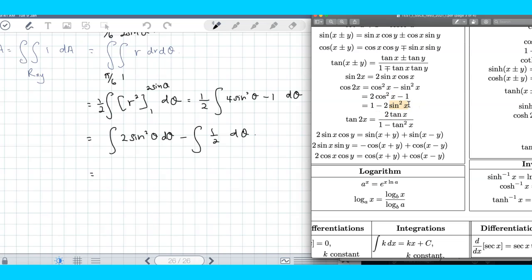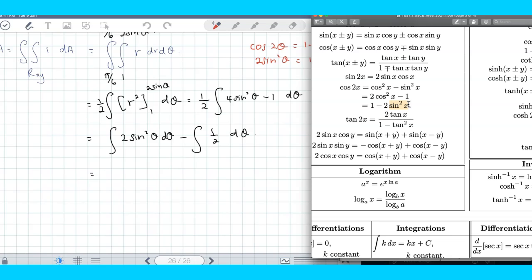So now, by using that identity, we use cos 2 theta equal to 1 minus 2 sine squared theta, right? So then we can see that 2 sine squared theta is equal to 1 minus cos 2 theta.